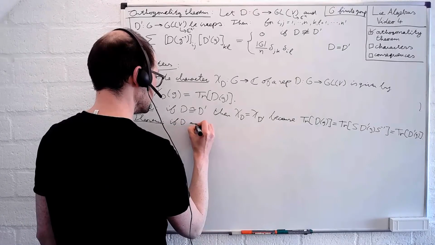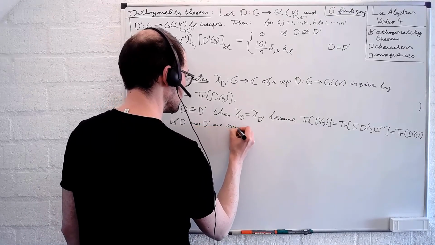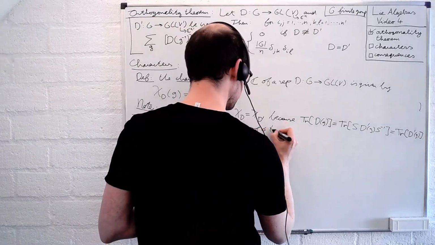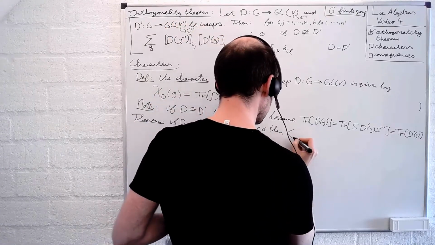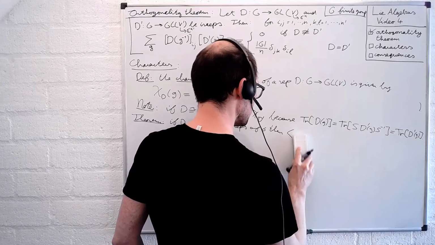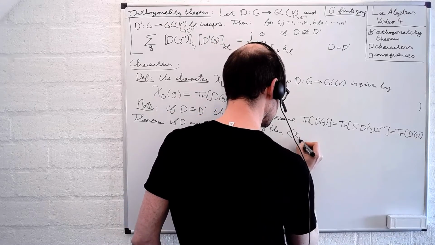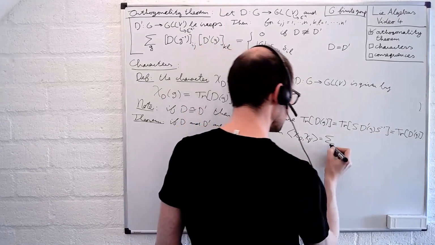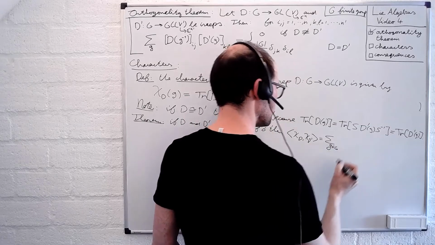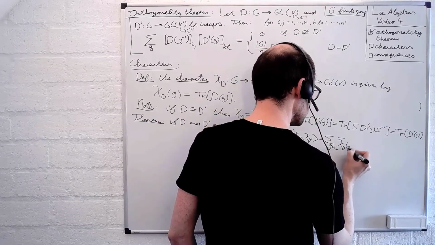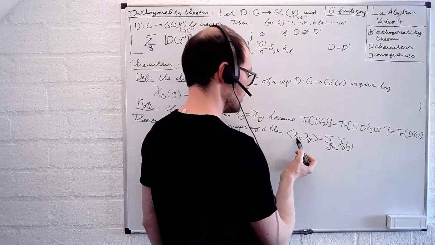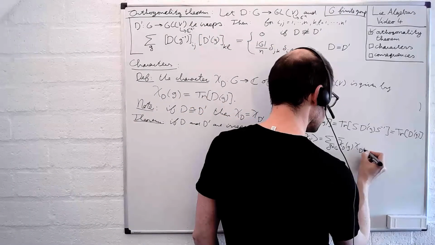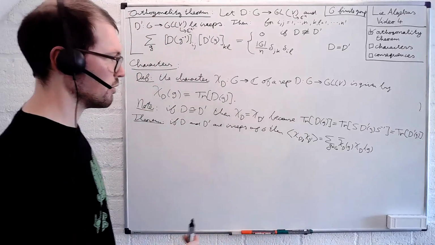If D and D prime are irreps of a group G, then the inner product, in the sense I introduced before, of chi of D and chi of D prime, so let me write that out again, is the sum over the elements of the group of the complex conjugate of chi of D, times the character of D prime.